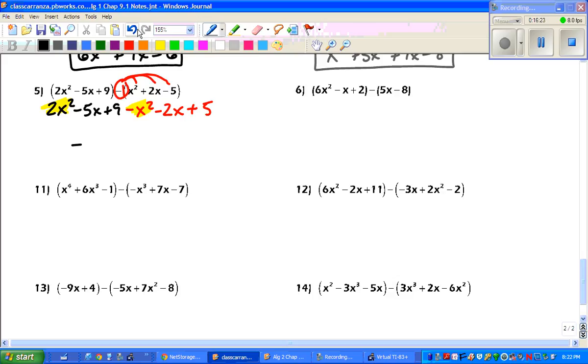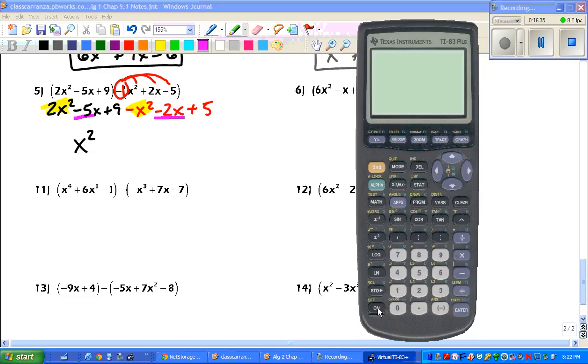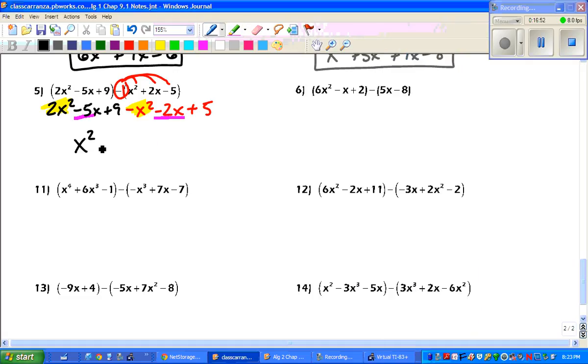Well, that's x squared because 2 minus 1 is 1. Negative 5x, negative 2x. And this is where, once again, on your calculators, if you don't know, it's negative 5 minus 2. You can plug it in. Even if you start doing the click, click, plus negative 2, you get the same thing. So negative 7x plus 14.